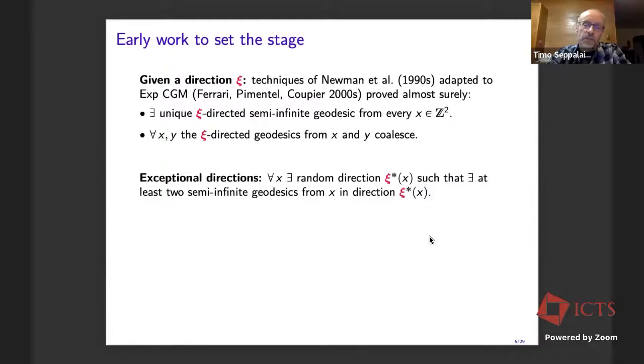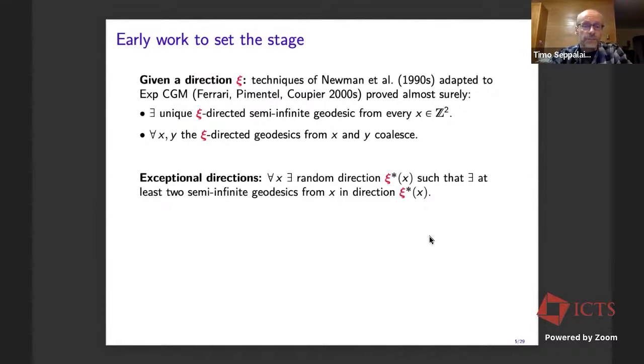So you can imagine that if you take a direction very close to north, your first step is very likely to be e2. And if you take your direction very close to east, you're pretty likely to take an e1 step first. And now as you let your direction vary, there's going to be a precise transition point where the first step jumps from e1 to e2. And in that direction, you're going to have at least two geodesics.